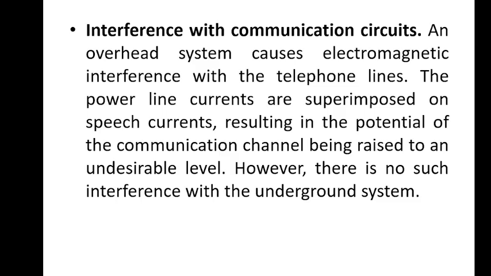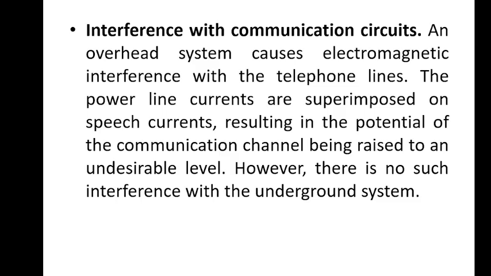In such cases, the power line currents may induce unwanted voltage in communication circuits, which can distort signals and degrade the quality of communication. And this can even raise the potential of the communication channel to undesirable levels.